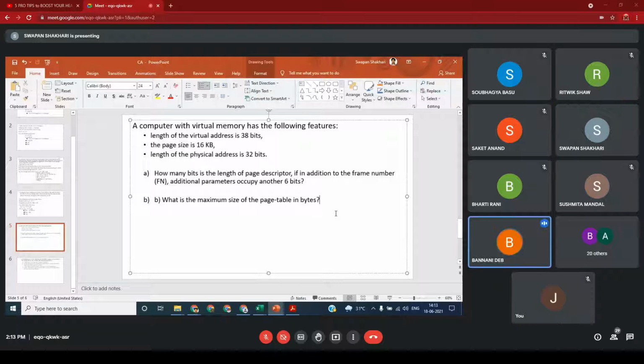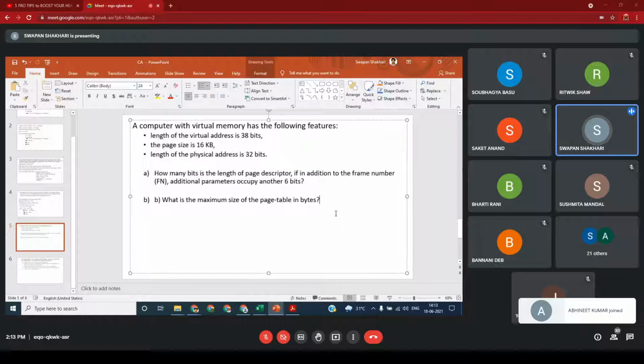So we divide it by page size. Okay. So now our page size is given, 16 KB. So you can calculate the number of pages.